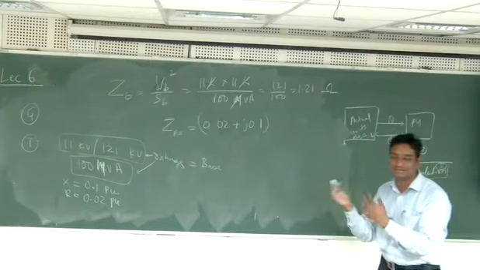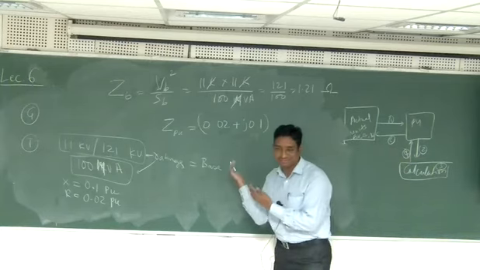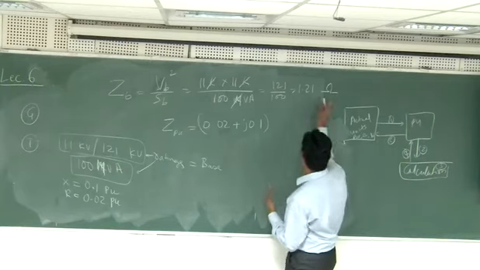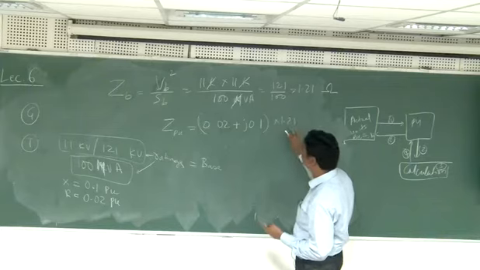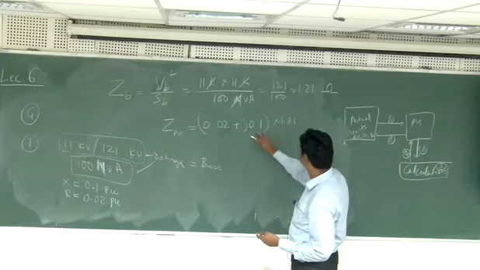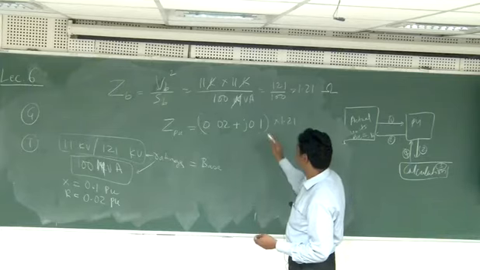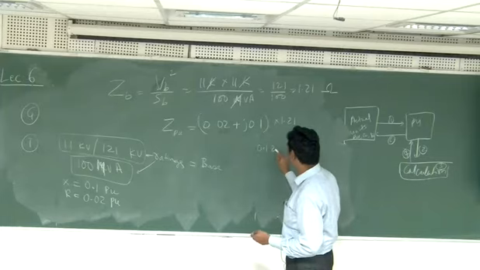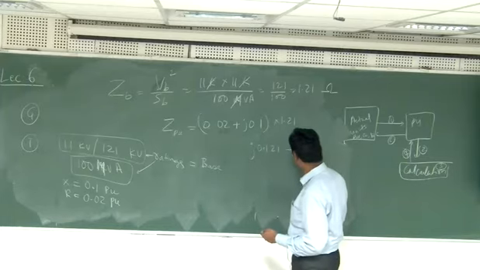To convert from per unit to actual, you multiply by base. So multiply by 1.21. First, 0.1 times 1.21 is 0.121 j, in ohms.